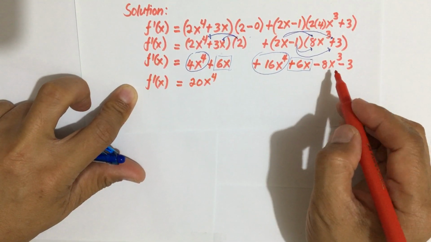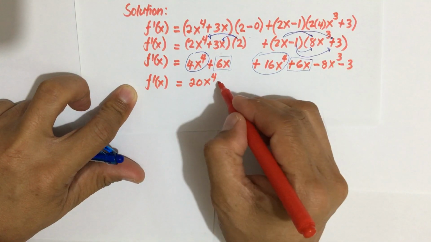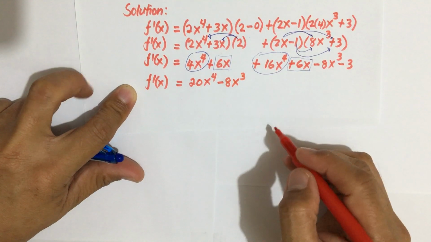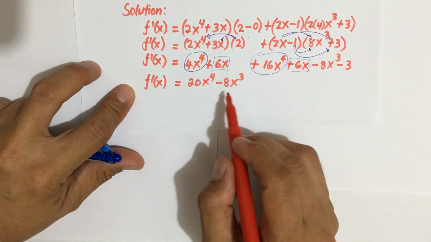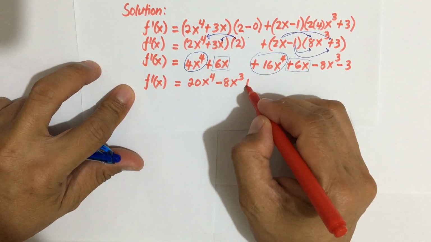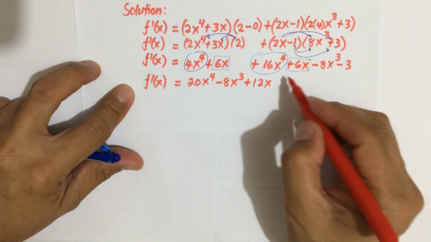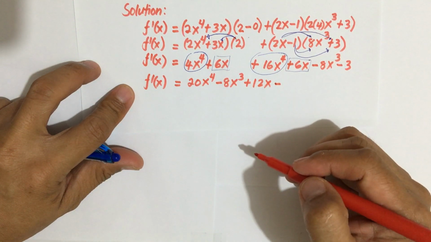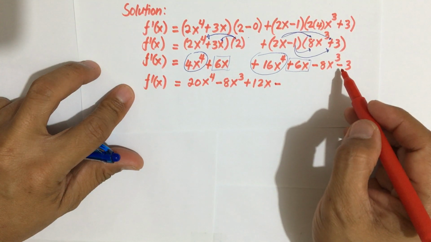Let's follow this with minus 8x cubed. We're putting the exponents in descending order. So 6x plus 6x is 12x, and we have minus 3.